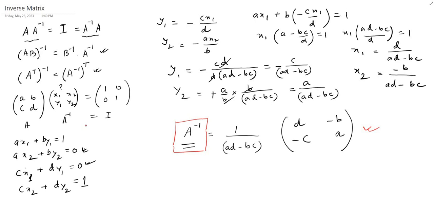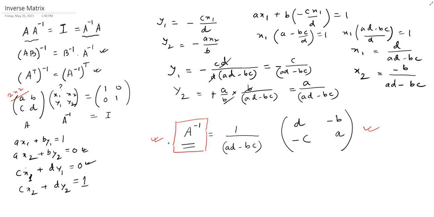But right now this class is only focusing on two-dimensional matrices, because with three or four dimensions, your number of equations will increase, right? So right now the focus is on the 2 by 2 matrix, and this is the way you can find the inverse.